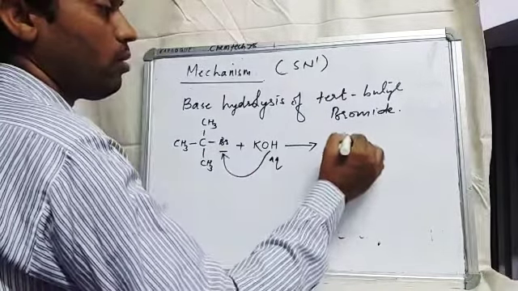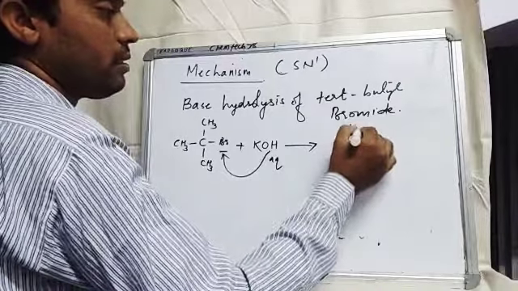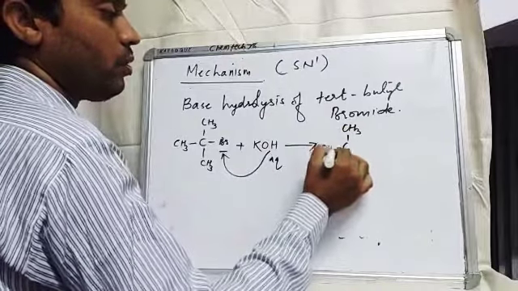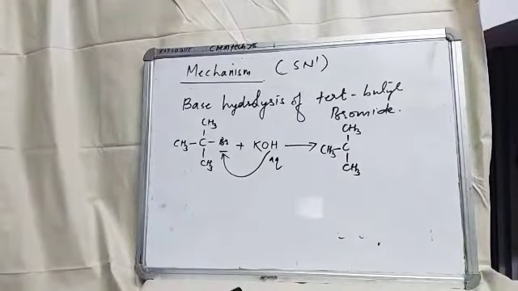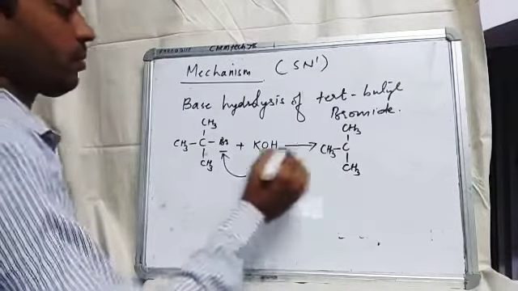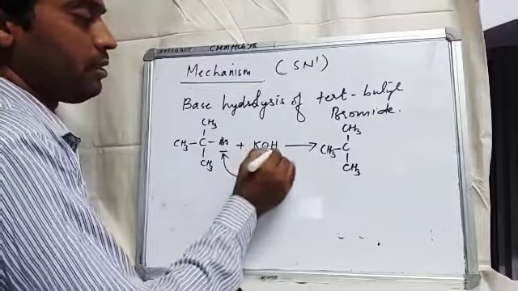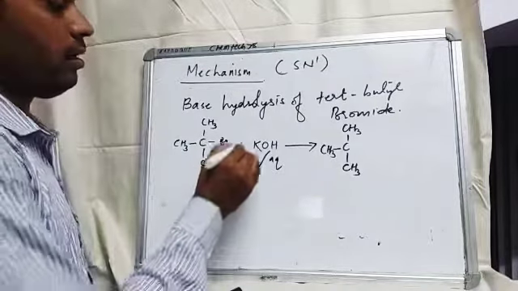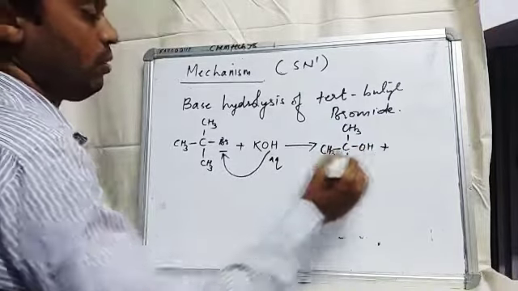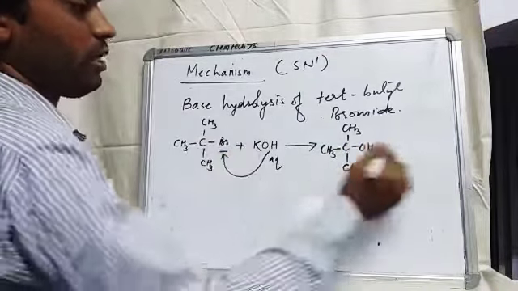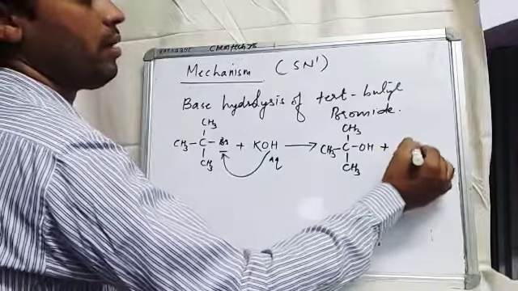Now what happened? This is the tertiary butyl group. Br is substituted by the OH group. Then here is the OH group, and this Br and this potassium will form KBr.